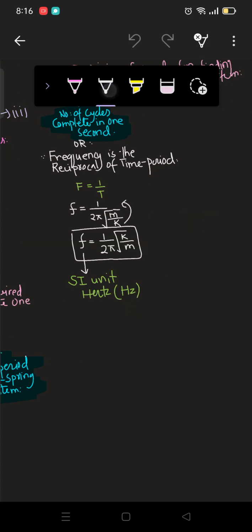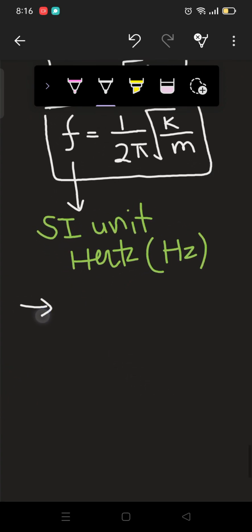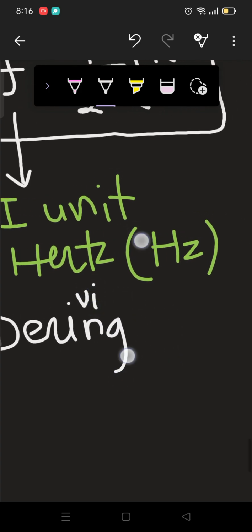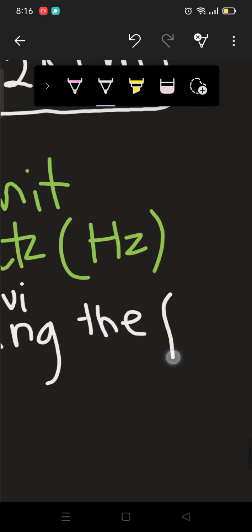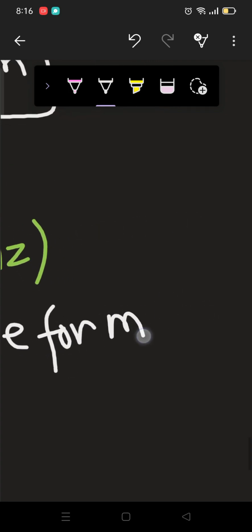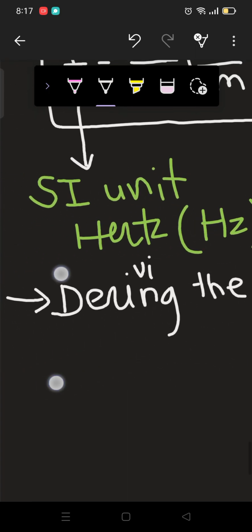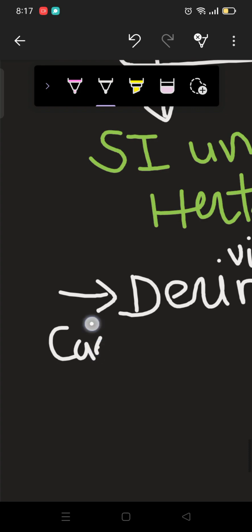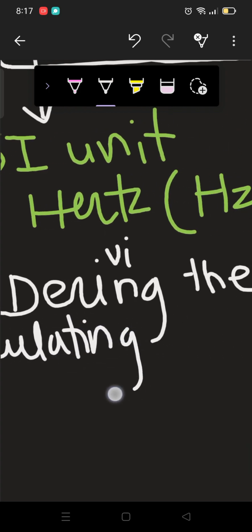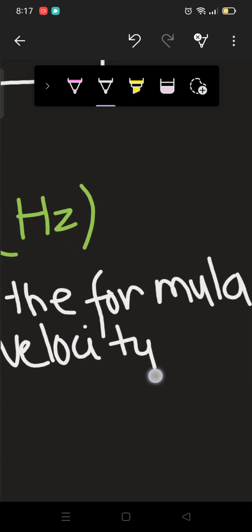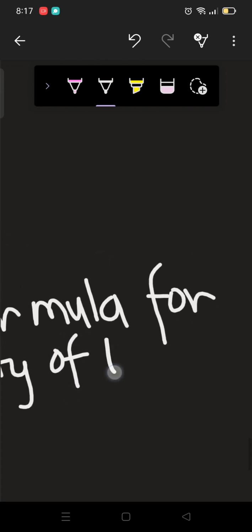So what we are going to do today is derive the formula for calculating the velocity of a mass spring system.